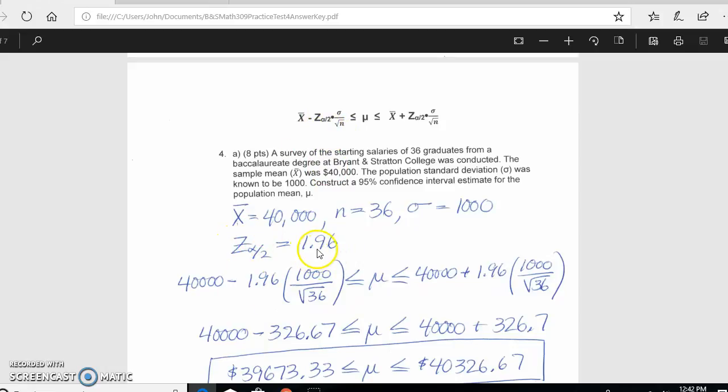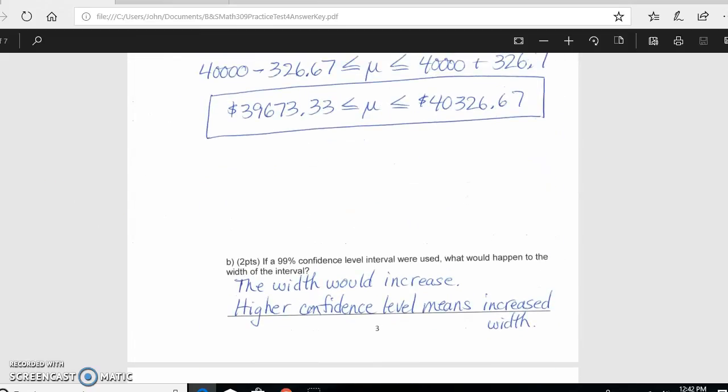Instead of being 1.96, it would be a higher value. And if the Z increased, then the width would also increase on either side. So the answer is that if we had a higher confidence, the width of the interval would increase. A higher confidence level means an increased width.